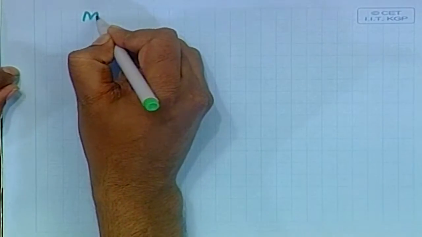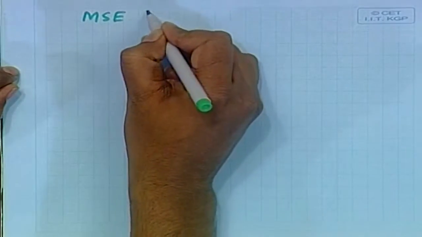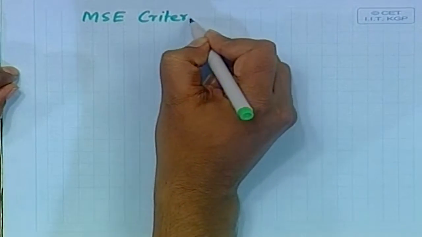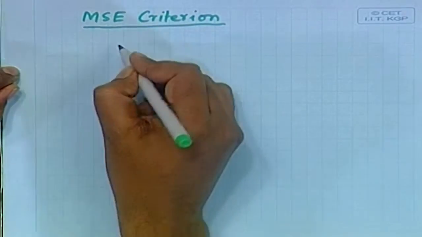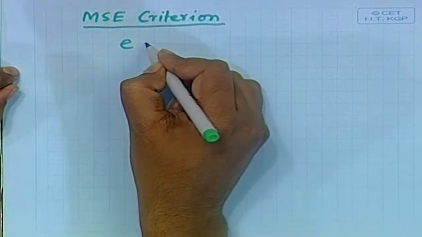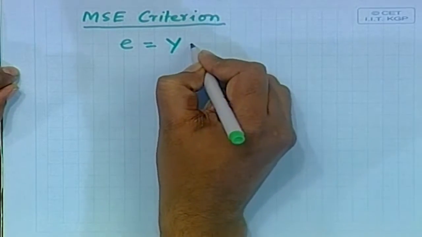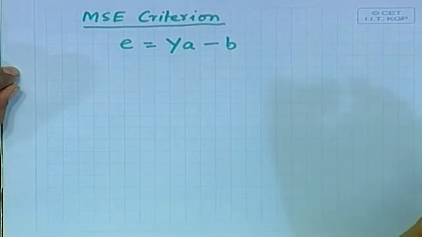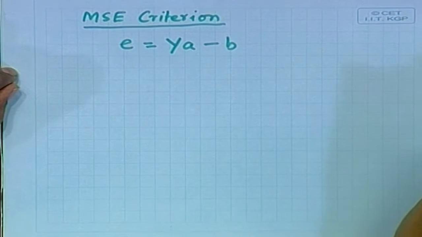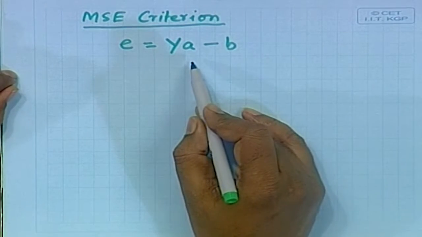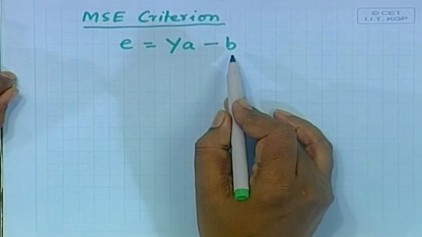So, in such a case, we have the minimum squared error algorithm or MSE criteria function, where the criteria function is based on an error measure, where error is nothing but Ya minus b, where Y is the collection of all the training samples, a is the weight vector and b is called a margin vector.